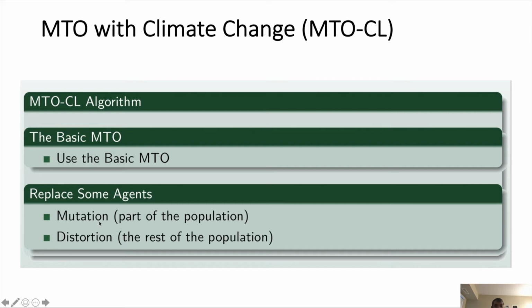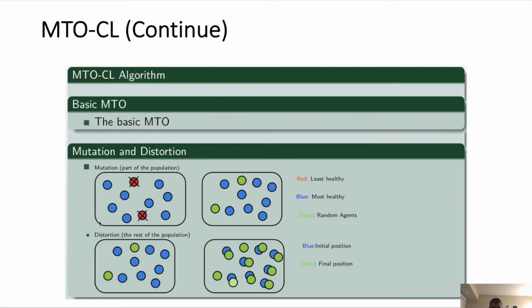The mutation is an elimination: we eliminate the least healthy agents in the population, the agents that have the lowest fitness value, and we add random agents instead of the ones that we eliminated. In the distortion, we deviate the rest of the population from its position.